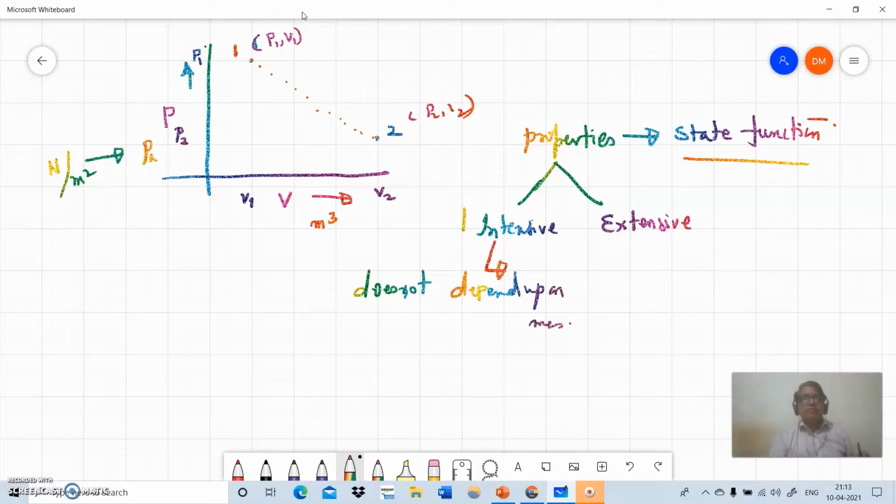So for example, if you take temperature, pressure, these are all intensive properties. An extensive property is one which depends upon the mass.